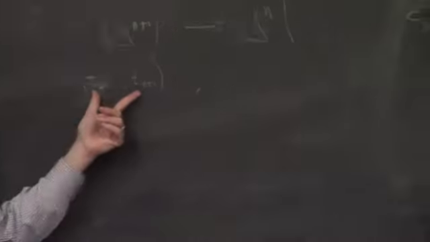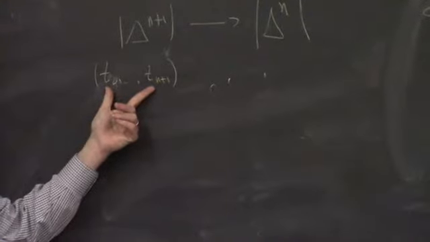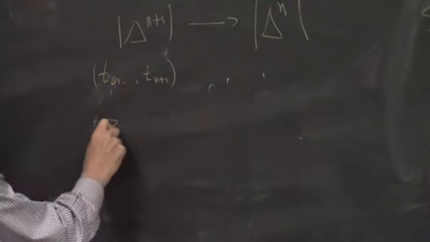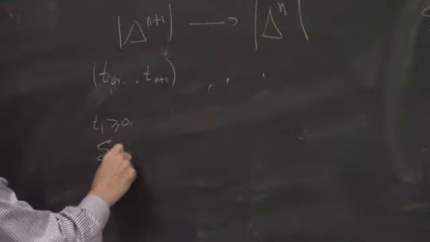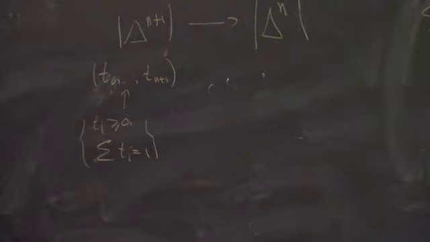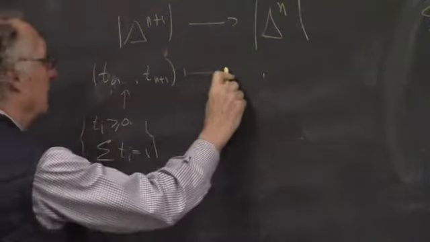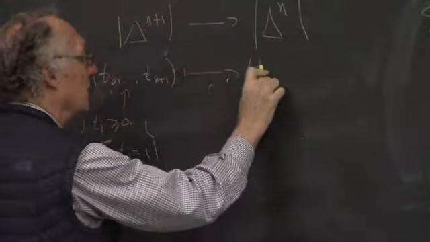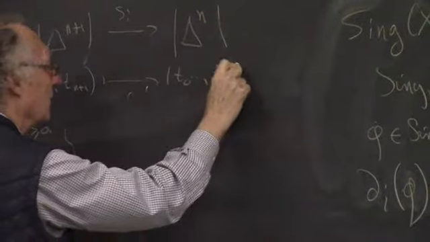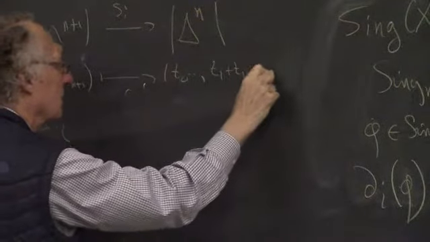So these are real numbers, greater than or equal to 0, and their sum adds to 1. So ti greater than or equal to 0, summation ti equals 1. Those are the conditions here. You map this by Si to t naught up to ti plus ti plus 1.